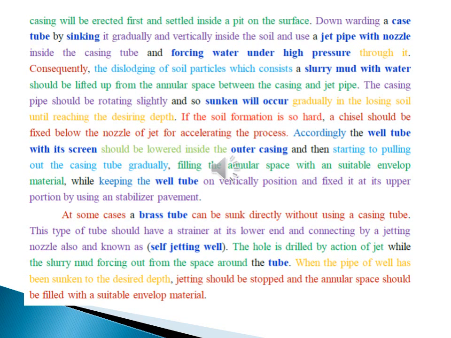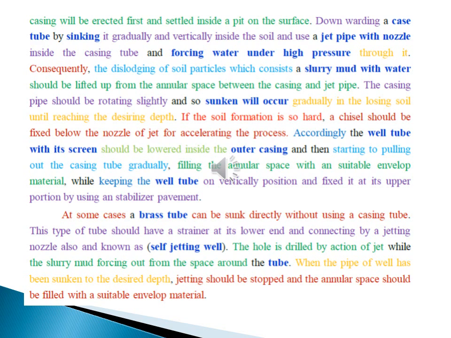The casing tube is lowered by sinking it gradually and vertically inside the soil, using a jet pipe with a nozzle inside the casing tube and forcing water under high pressure through it. Consequently, the sludge of soil particles is lifted up from the annular space between the casing and jet pipe.